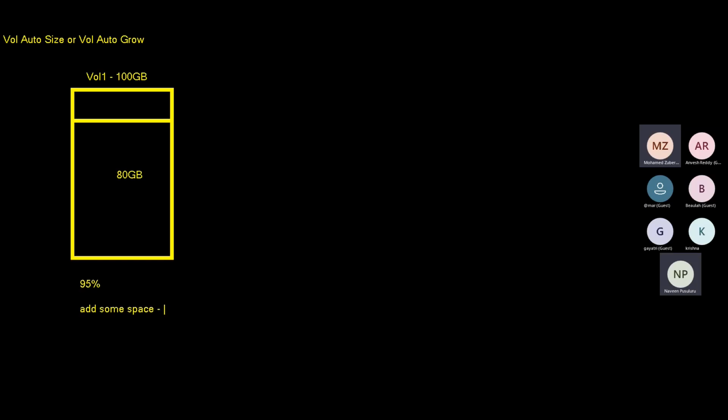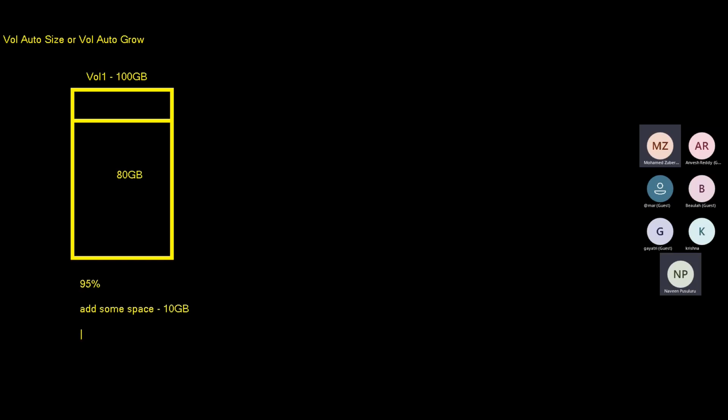For example, let's assume it adds 10 GB whenever my volume reaches 95%. Now my volume total size is 110 GB, right? Again my volume reaches 95% utilization, again it will add 10 GB. Like that, it will keep on adding 10 GB.